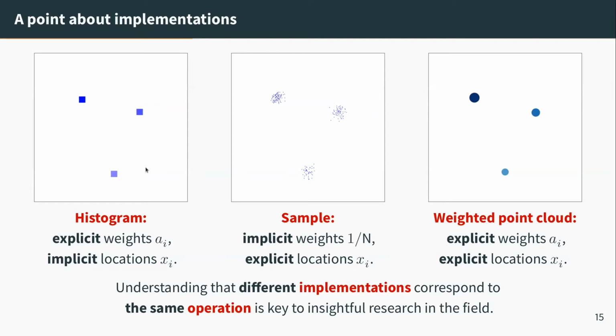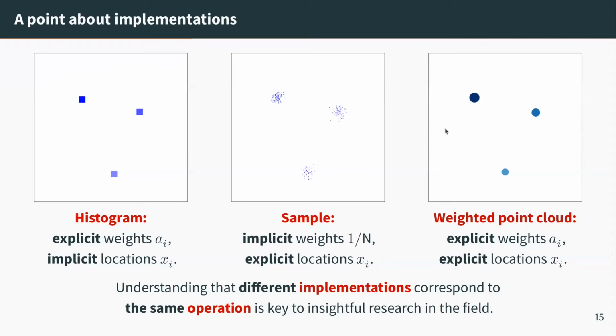As a discrete sample, it looks like this, just a cloud of 1,000 points, and the information about weights is encoded in the fact that here I have more points than I have here and there.